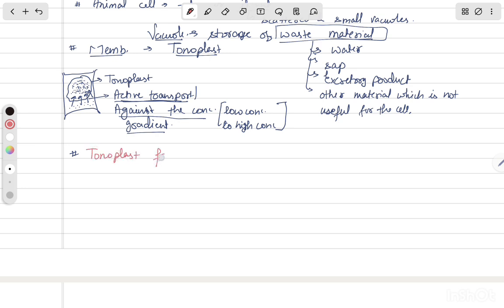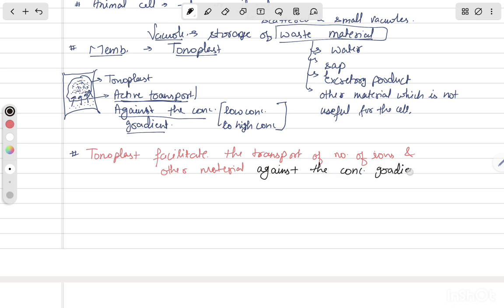So in simple language we can say tonoplast facilitates the transport of a number of ions and other material against the concentration gradient, right?